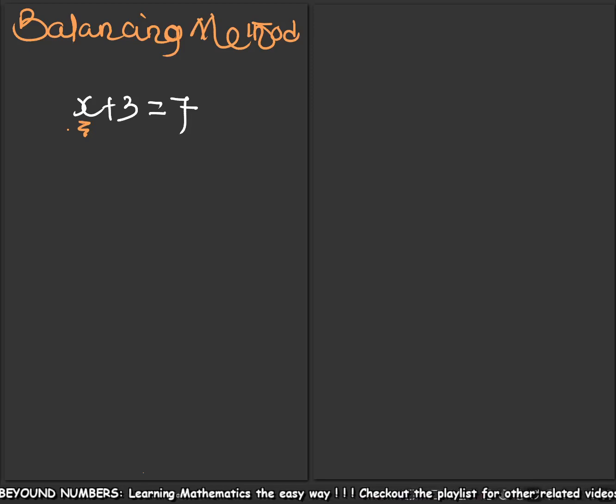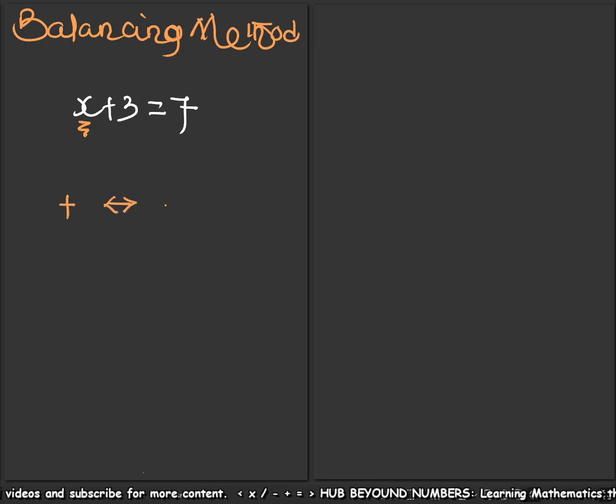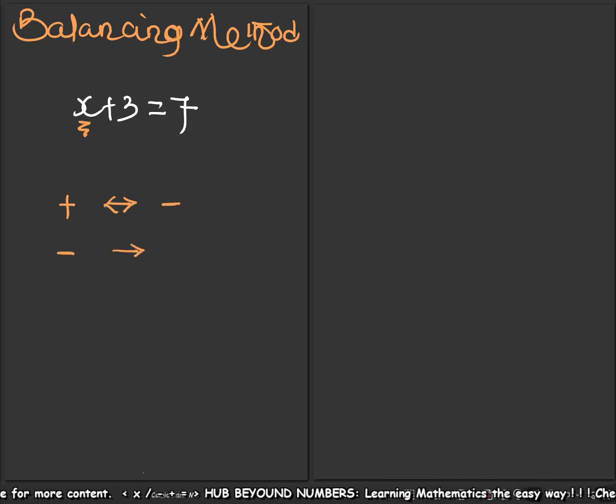After identifying the variable you want to work with, the balancing method uses inverse operations. By inverse operation, we simply mean: if you have addition, its inverse is what? Subtraction. And if you have subtraction, its inverse is addition.